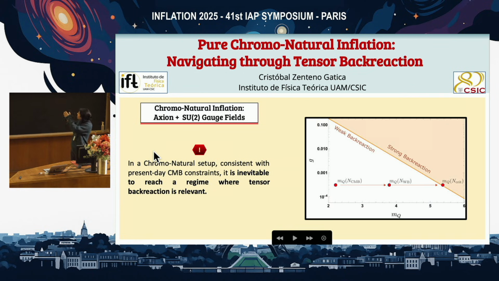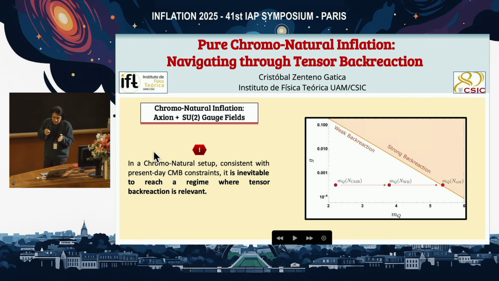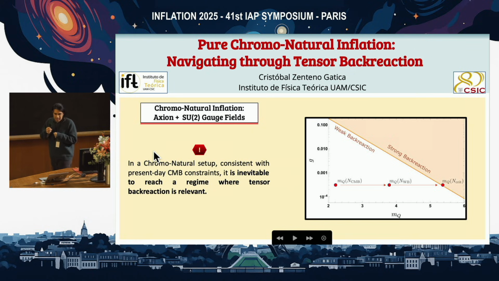It's like in this map, where I can show you the parameter space constraint between the g value, the gauge field strength, and the m_Q, which is related to the gauge field vacuum expectation value. This evolves, and then even if you start in a CMB really weak back reaction regime, you will evolve up to hit the strong back reaction regime.